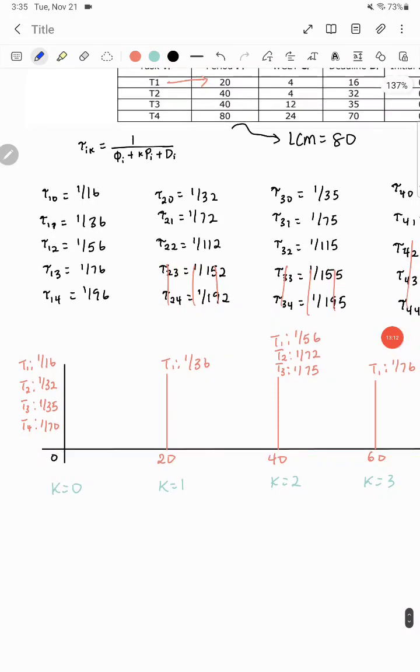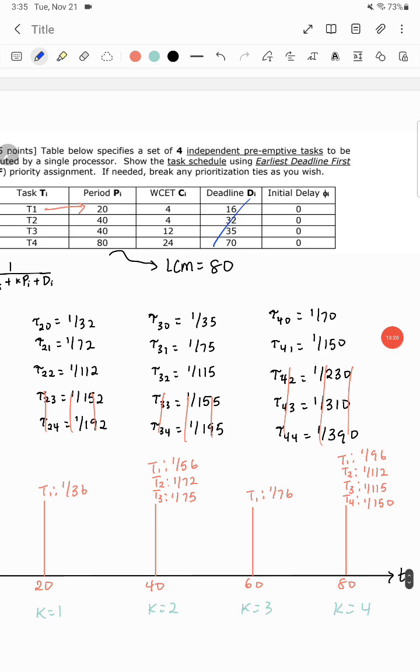Okay, so now remember, it is earliest deadline first. So we are looking at the priority values that we've calculated. Don't look at these values right now. But we are focusing on the Ci values, which is the worst case execution time. That's what we are looking at.